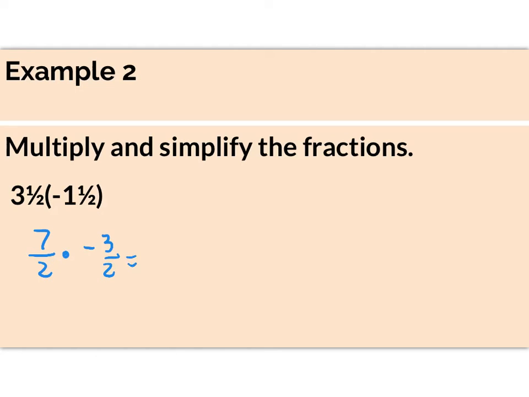We have 1 negative, so our answer is going to be odd. Our product is going to be negative. 7 times 3 is 21. 2 times 2 is 4. But again, we're not done here. We're going to have to divide the 21 by the 4, and we get 4 goes into 21 5 times. 5 times 4 is 20, with a remainder of 1.